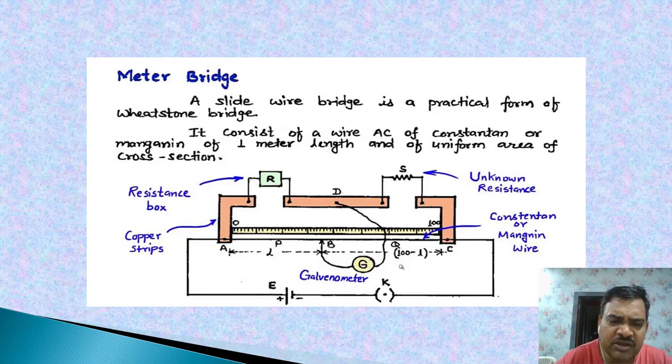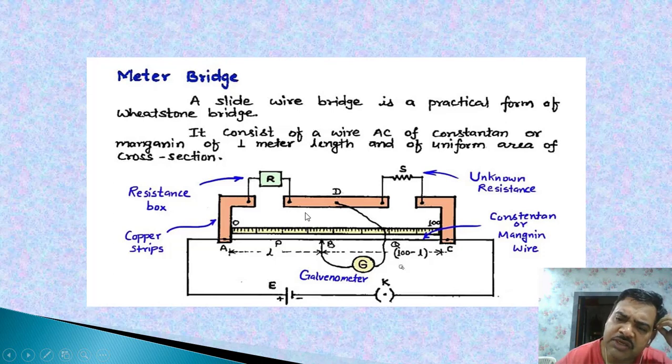In this diagram we can see from A to C a 1 meter wire and a 1 meter scale. Between A and D we connect the unknown resistance R, which is a resistance box, and the other gap has the resistance S. This one is your copper strip.